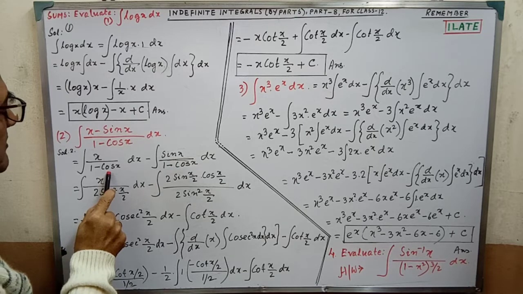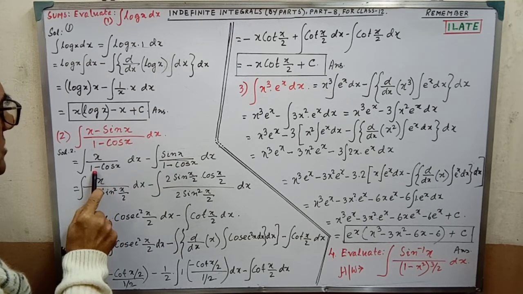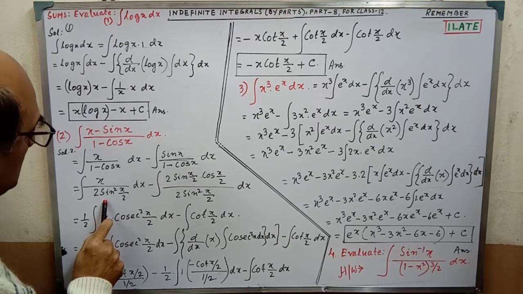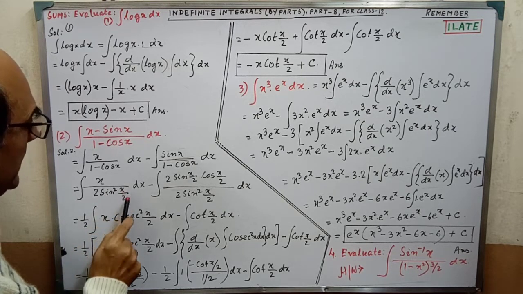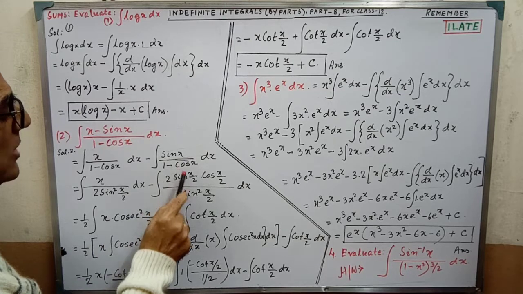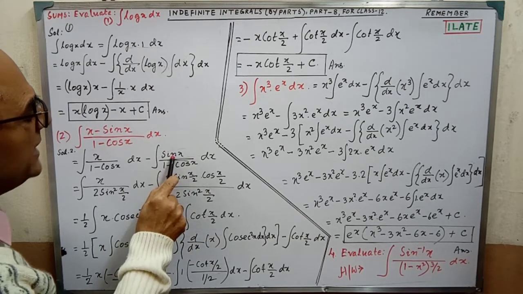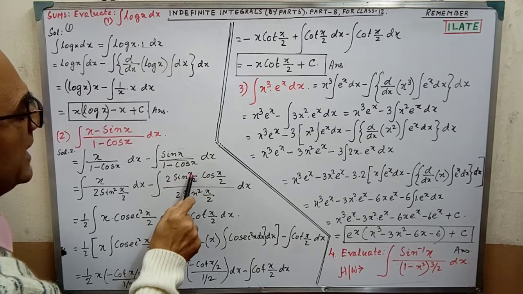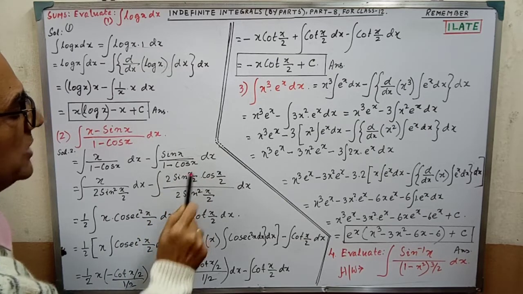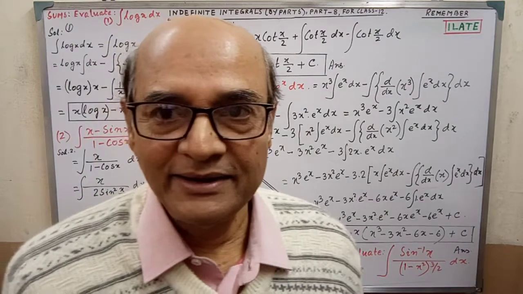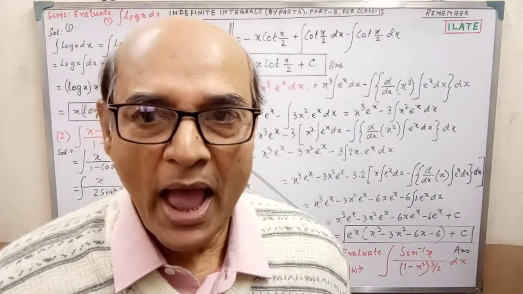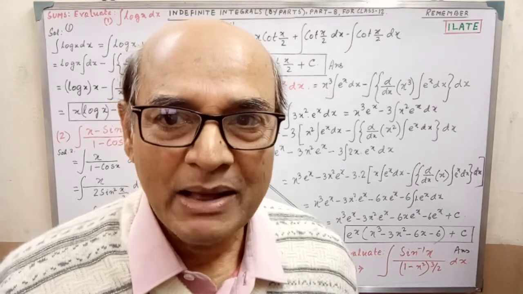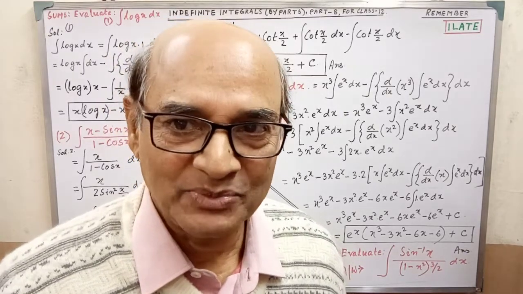Now we have to apply the formula. 1 minus cos x, by the submultiple angle formula, is 2 sin square x by 2. And here also the same thing. And sin x, by applying the submultiple formula, is 2 sin x by 2 into cos x by 2. Regarding this, my suggestion, you have to learn the formulas of compound angle, multiple angle, and submultiple angle.